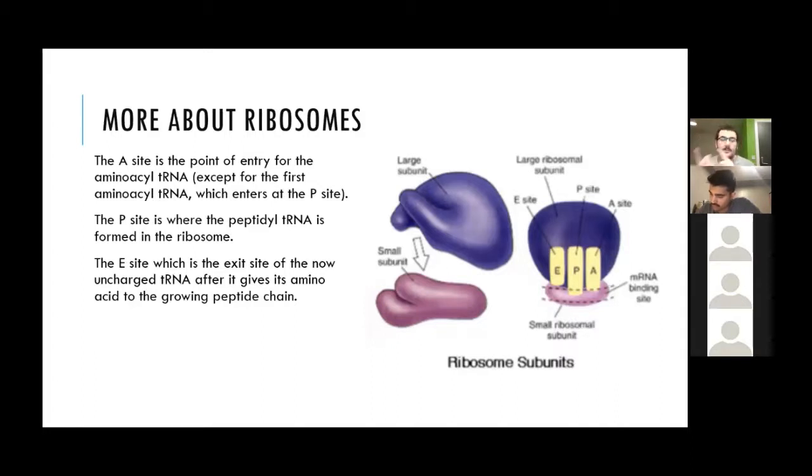It's not a peptide. It's not linked to the peptide chain. That's why it's called amino acid tRNA. The first entry is where the amino acid tRNA enters. The next site, the P site, is where it becomes a peptidyl tRNA, because the amino acid associated with this tRNA is in the growing peptide chain now.